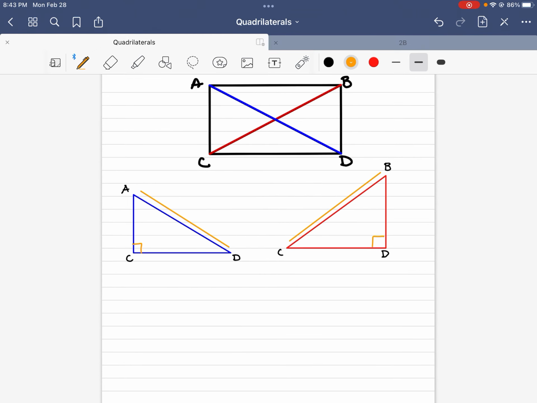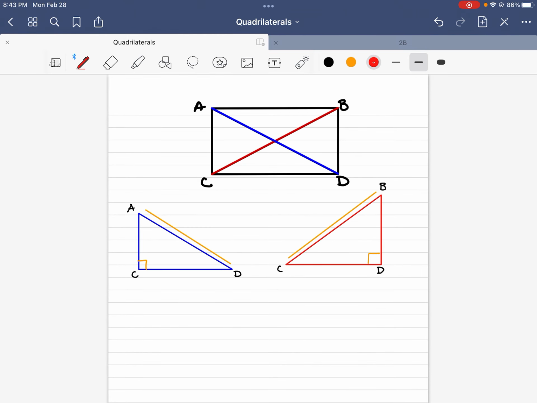However, another thing I also know is that with rectangles, opposite sides are congruent, right? So this side AC is congruent to BD. And similarly, I know that this side AB is congruent to CD.